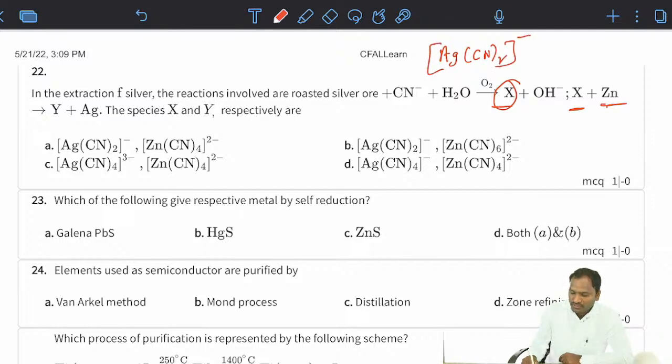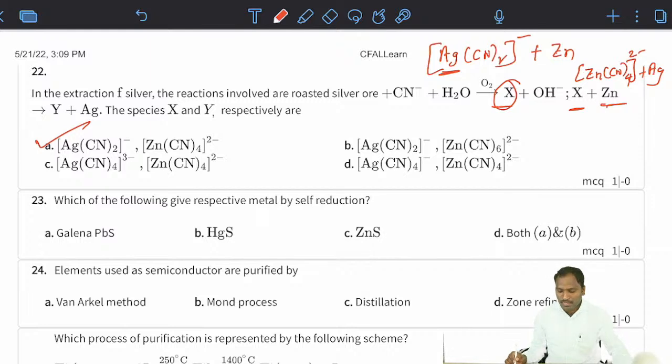Why are we using zinc? To displace silver from the soluble complex. So what we get? [Zn(CN)4]2- plus Ag. What is the correct answer? A. Silver cannot form a tetra coordinated complex.